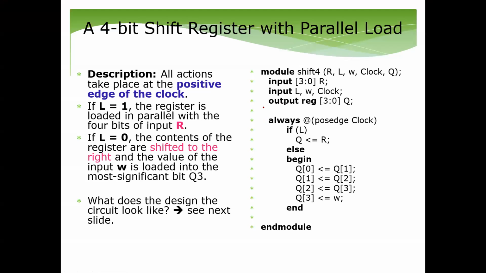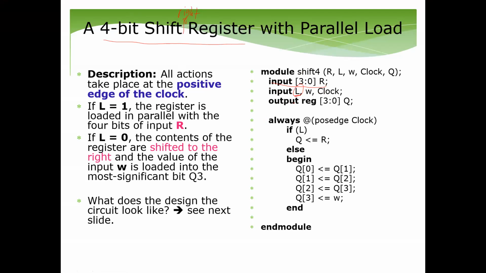So just a quick review about the code for a 4-bit shift register. And this should be a 4-bit shift right register. So in your module, we're gonna declare input R. This is 4-bit input R. And we have a control signal.